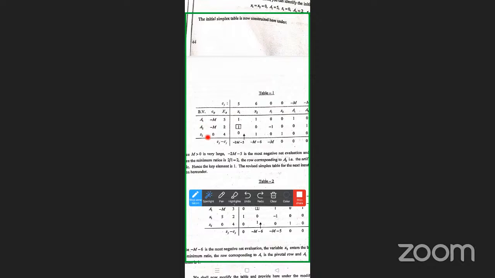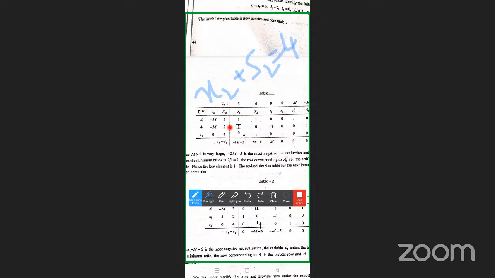Next, in the third equation there is no artificial variable: x2 plus s2 is equal to 4. There is no artificial variable, so we are taking the basic variable as s2. a1, a2, s2 are the basic variables. a1, a2 coefficients are minus M, minus M. Next, s2 coefficient is 0 in the objective function.